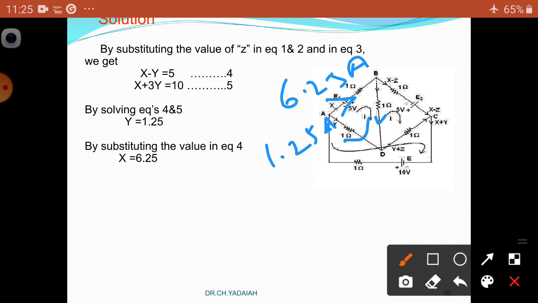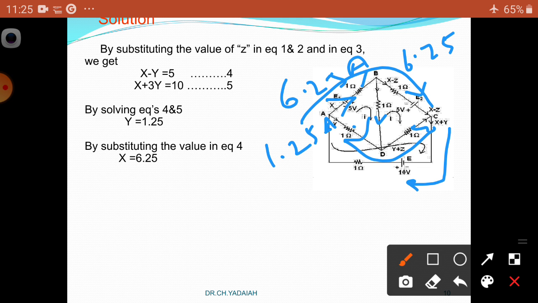Now you remember that. What is the current flowing in this one? 6.25. Now in this case x minus z, so x is equal to 6.25 amperes, z is equal to 0, the same current is flowing. That means this current and this current, the same current is flowing through the branch, and the same current is flowing in this branch. That means whatever current is flowing in this one ohm, the same current is flowing here. Now the same here, current is coming here.